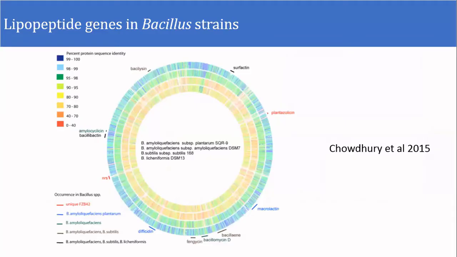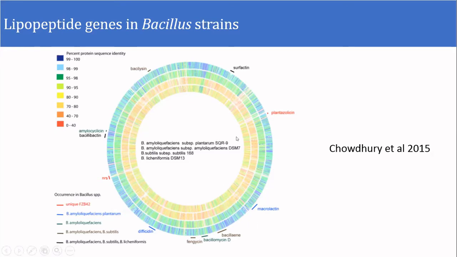So the lipopeptide genes have been widely reported in Bacillus strains, and as I said, the whole genome sequencing cost has come down, and a lot of sequencing of those identified strains has been done by researchers.